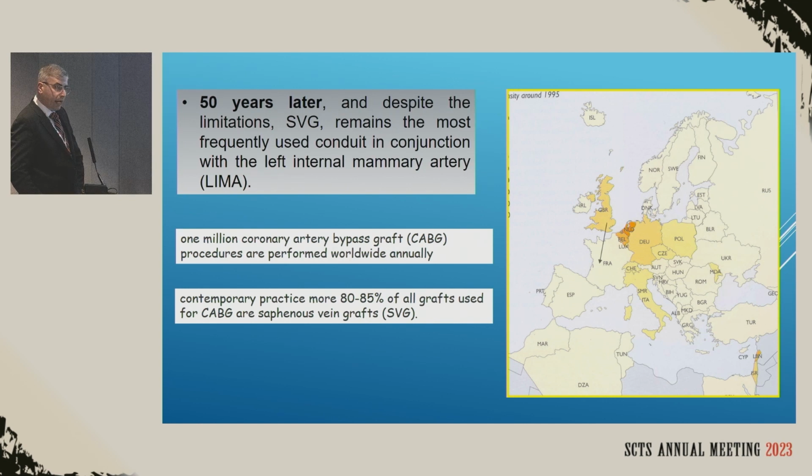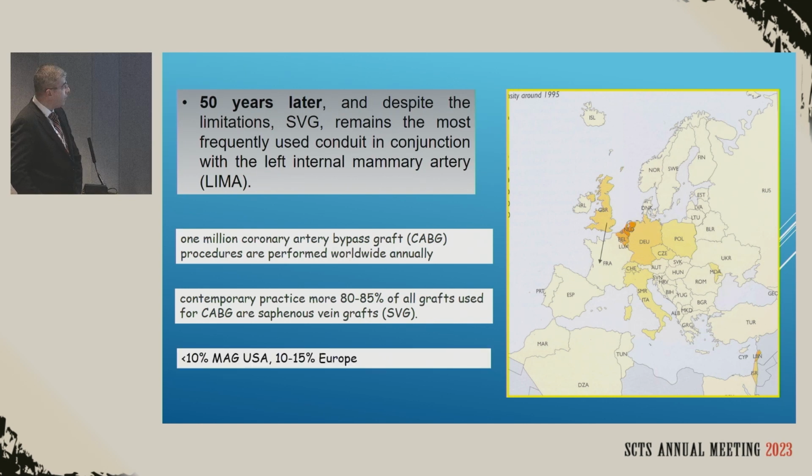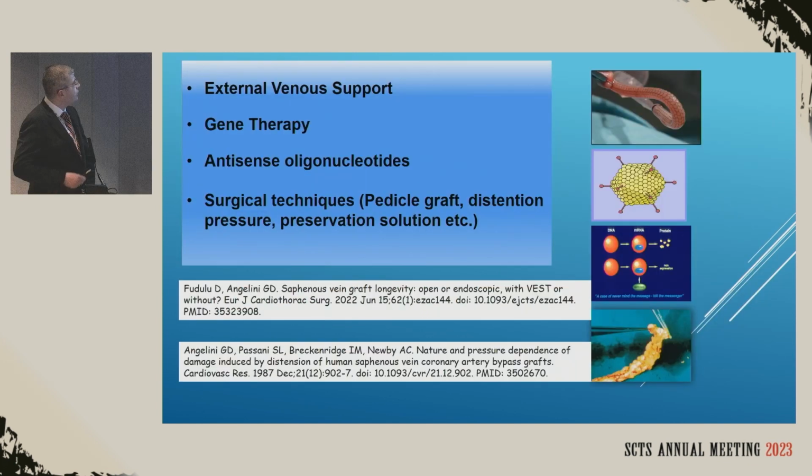And still, 80 to 85% of the grafts are vein grafts. And actually in the USA, the percentage of multi-arterial grafting is quite low, less than 10%. In Europe, it is believed to be higher, 10 to 15%.